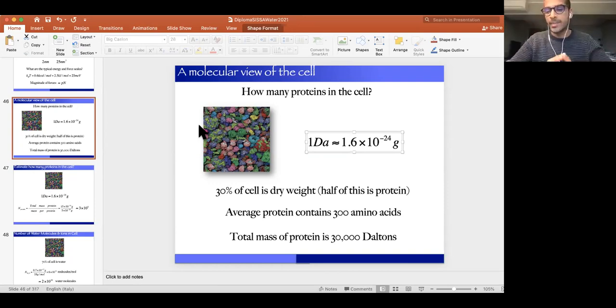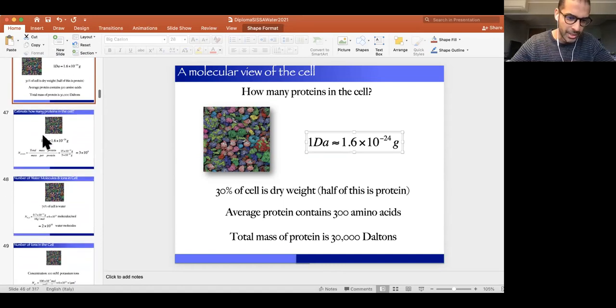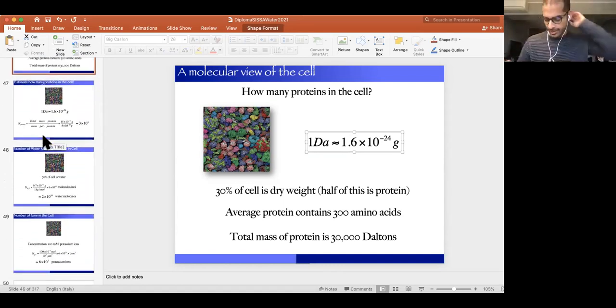Okay, we could do the same exercise for the ions, but it's the same thing. I'm not going to let you do it now because I think you get basically the point. So the concentration of ions in the cell is roughly on the order of millimolar.